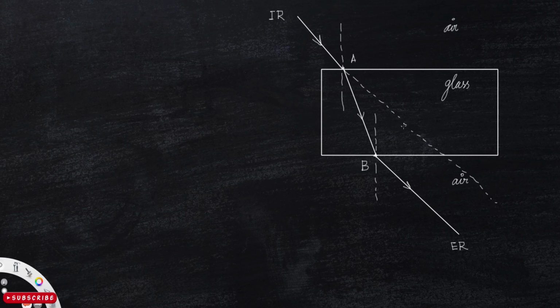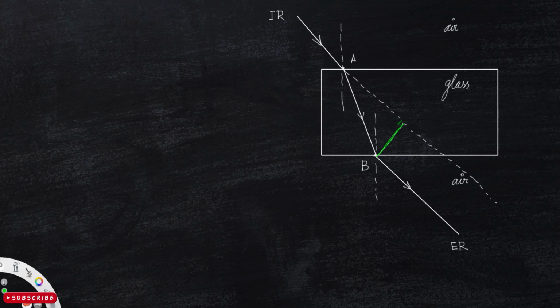So there is a vertical distance between the path of the incident ray and the emergent ray. That is called the lateral displacement, or we sometimes call it lateral shift.